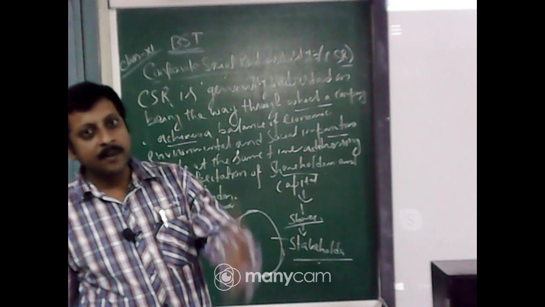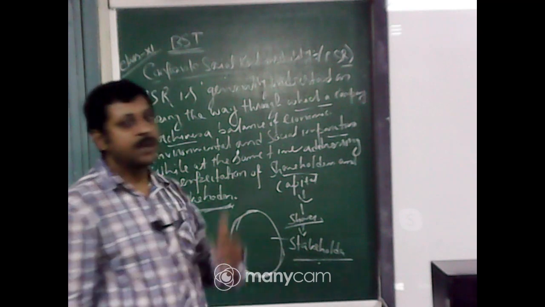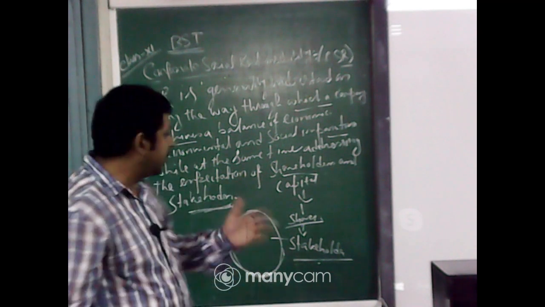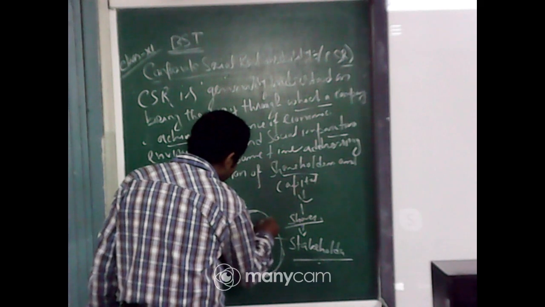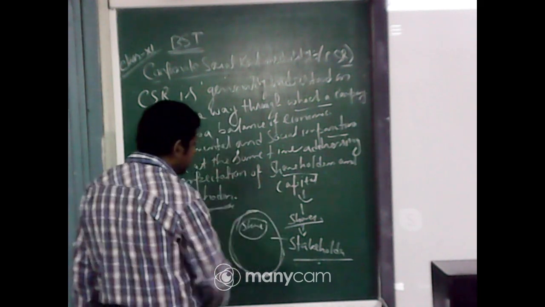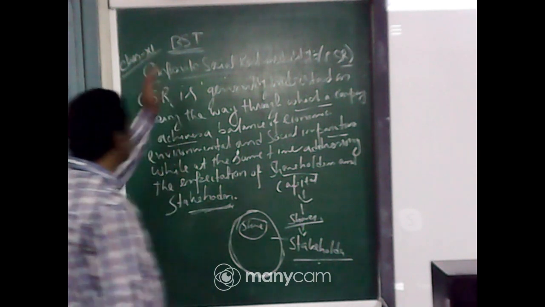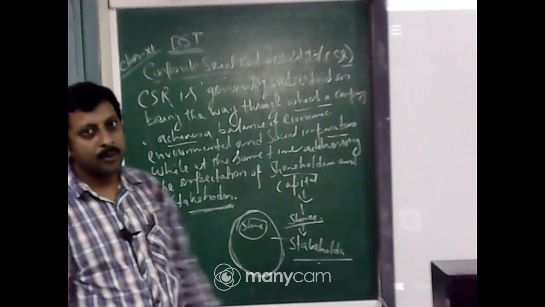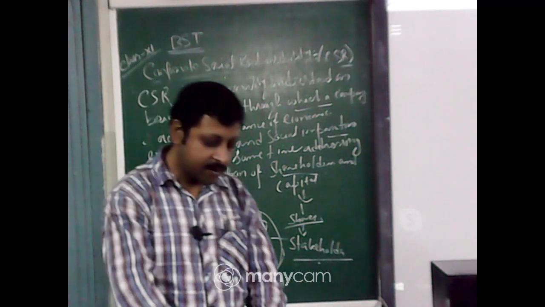Your supplier is a stakeholder. Your competitor is also a stakeholder. In the same way, the shareholder is also a stakeholder of your business. So shareholder is a part of stakeholder. Okay, so this is the meaning of corporate social responsibility, the definition and the concept.